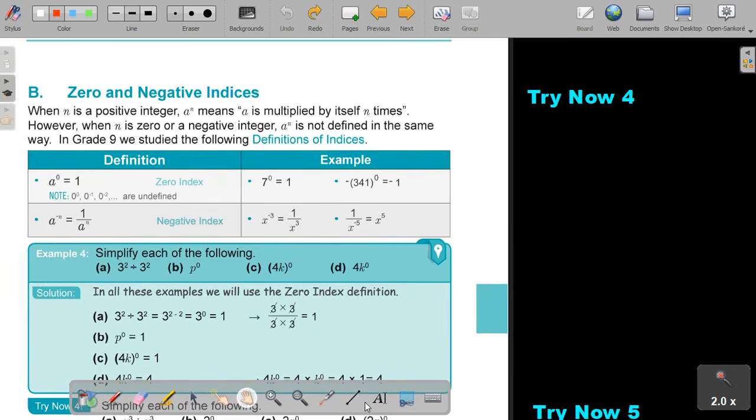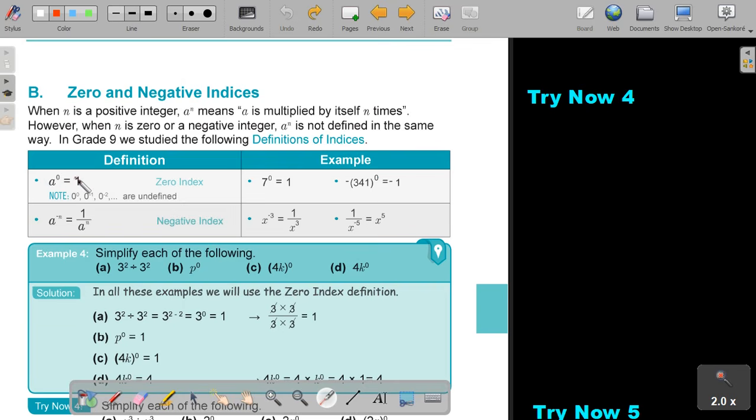When n is a positive integer, a to the power of n means a is multiplied by itself n times. Let's just make it bigger, it's a bit unclear. Okay, now it's better to read. However, when n is 0 or a negative integer, a to the power of n is not defined in the same way. In grade 9, we studied the following definitions of indices.